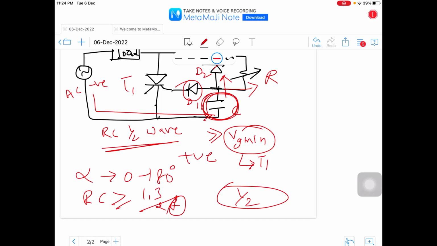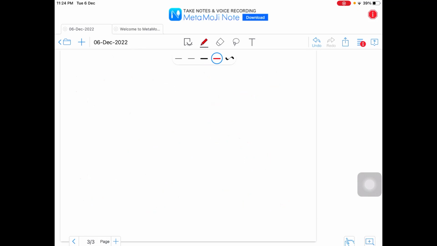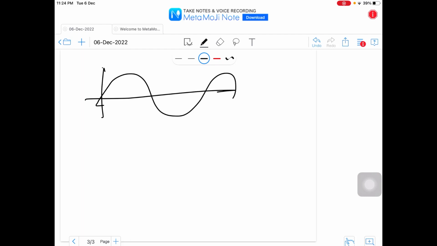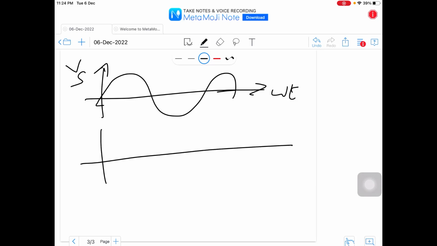Let's check the waveforms. Suppose this is the supply voltage Vs, which is AC supply. How would the output voltage as well as the capacitor voltage look? Capacitor voltage Vc, as I told you, is getting charged during the negative half of the cycle.